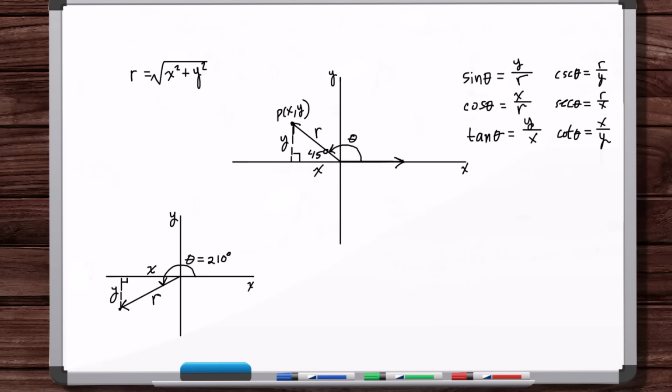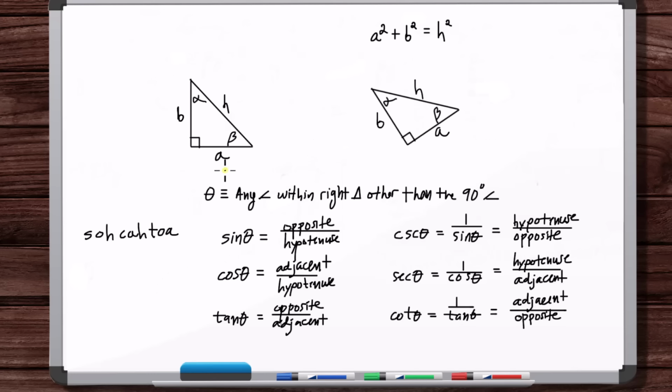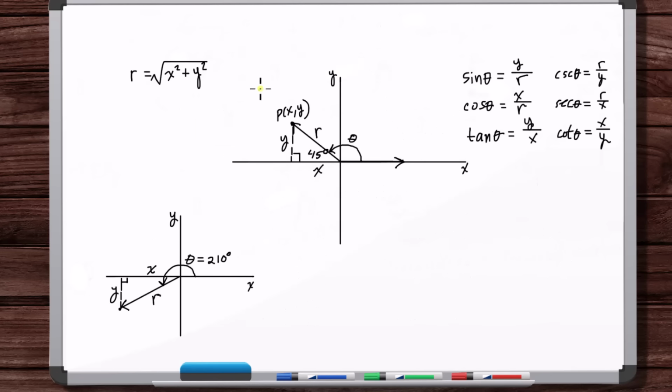So again, that's why it's very useful to define trig functions this way, to where you can have negative values. Okay. And the last thing you might be wondering about is, how does this right triangle definition of trig functions relate to this standard definition, this more full definition? Well, okay, here's the right triangle.